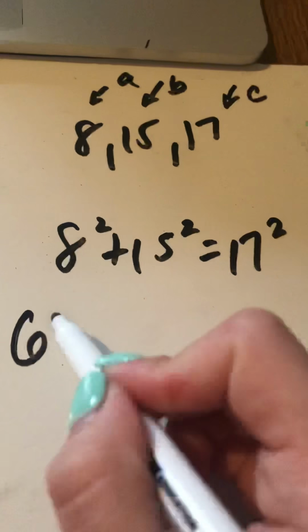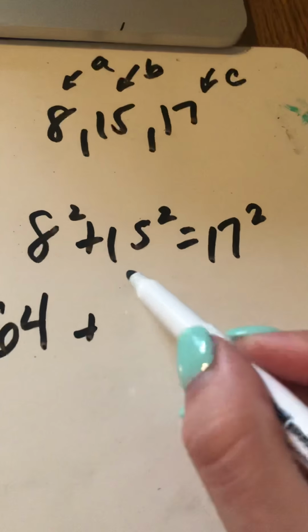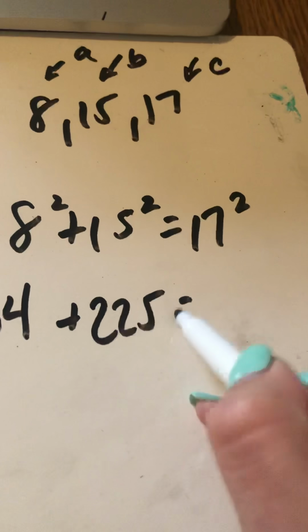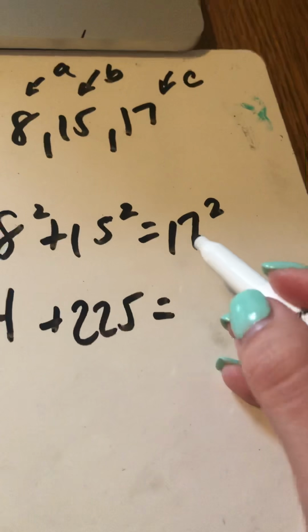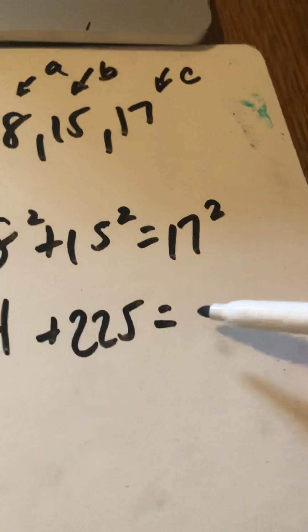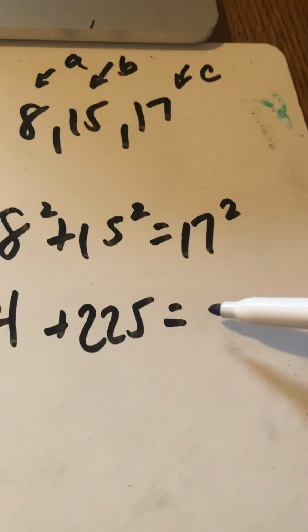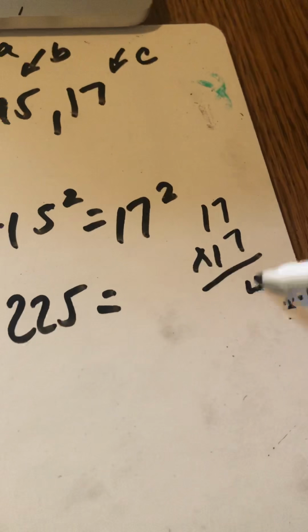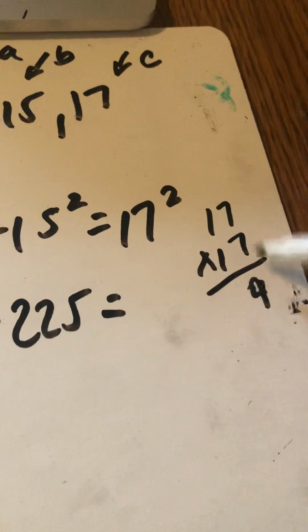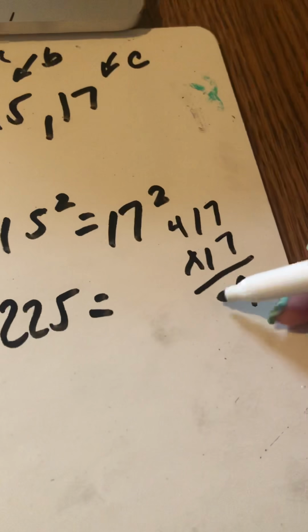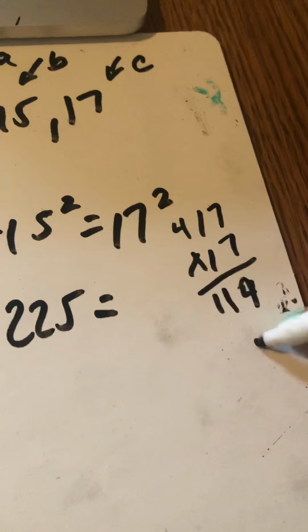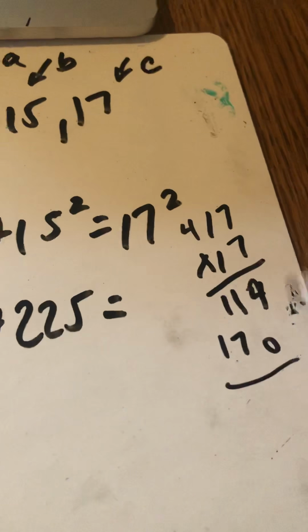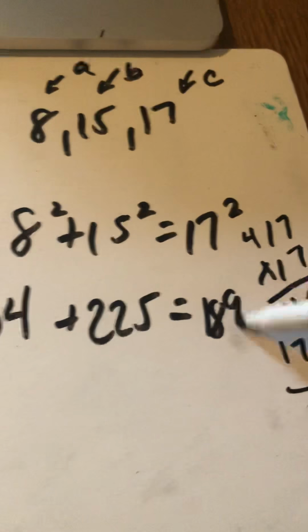So you're proving 8 squared, so 64, plus 225 equals 17 squared. Oh my God, we did this in class. What was it? I don't have a calculator near me. Yeah, 289.